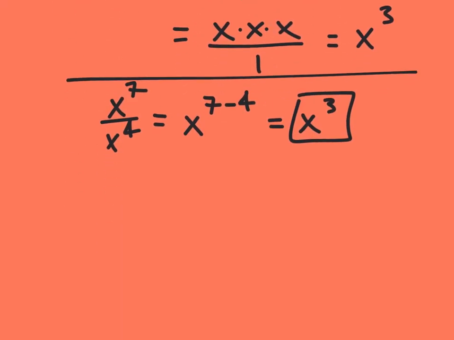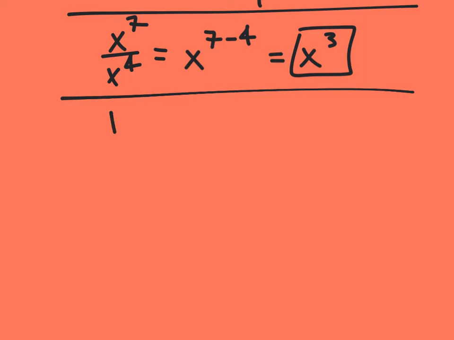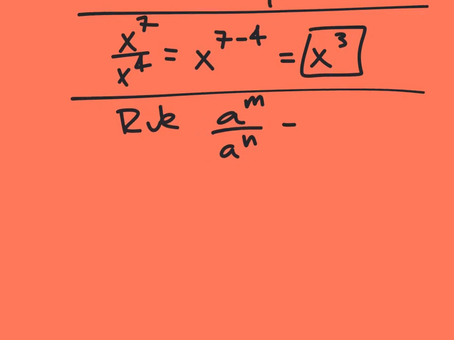So let's talk about our rule here. If you had a to the m divided by a to the nth power, then all you would do to simplify that is use your rules of exponents and say a to the m minus n power. And that's your rule.